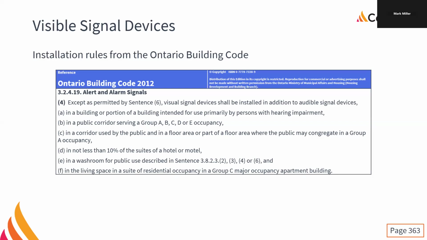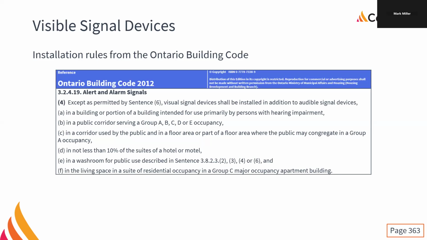Any public corridor serving a group A, B, C, D, or E occupancy. So everything except for industrial. If it's a public corridor, it has to have strobes. Then again, in a corridor used by the public and in a floor area or part of a floor area where the public may congregate in a group A occupancy.